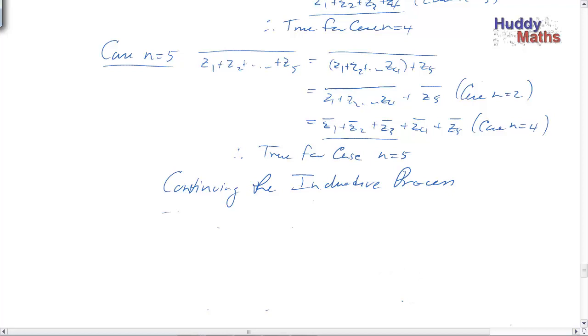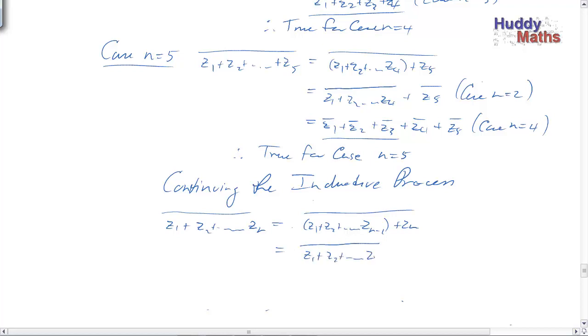We can say here Z1 plus Z2 up to Zn equals Z1 plus Z2 right up to the one before n, that is n take 1, plus Zn, equals this one, Z1 plus Z2 up to Zn take 1, plus conjugate of Zn, case n equals 2.